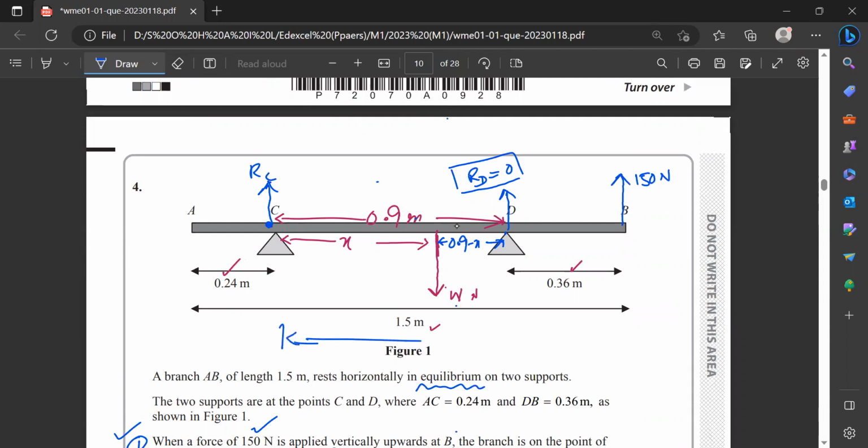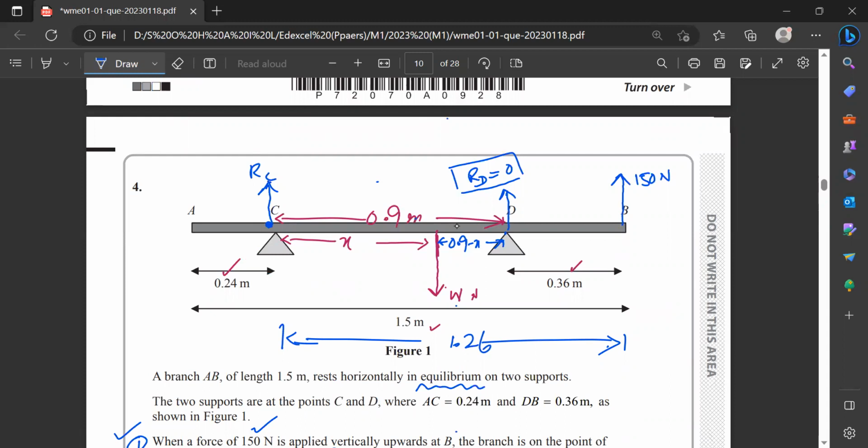The length from B to C is just 1.5 minus 0.24, which is 1.26. So taking moments, anti-clockwise moments equal clockwise moments.